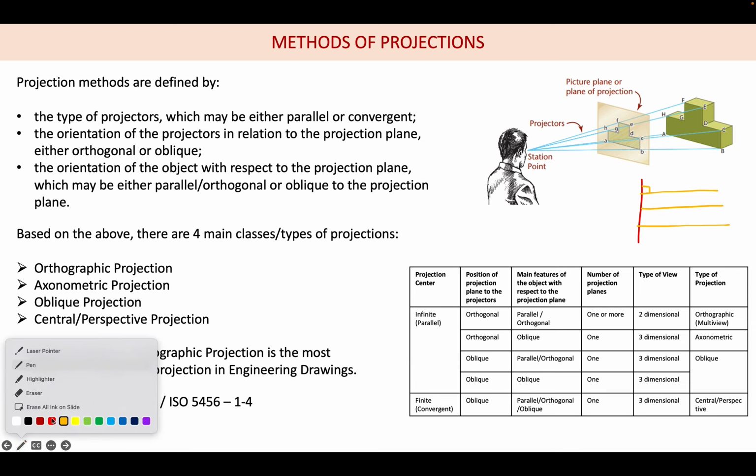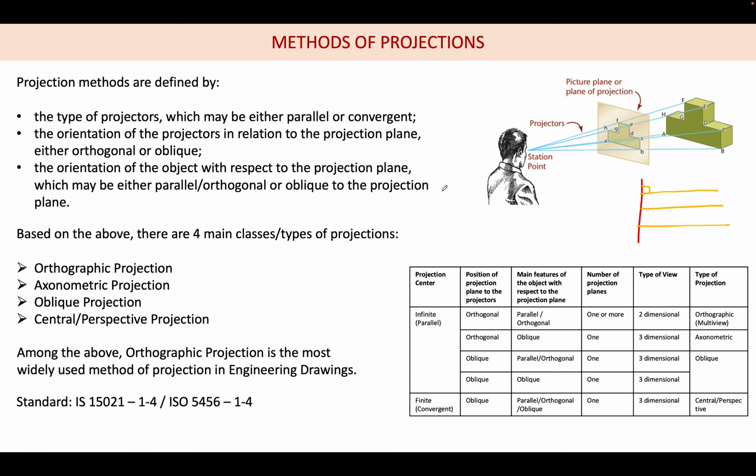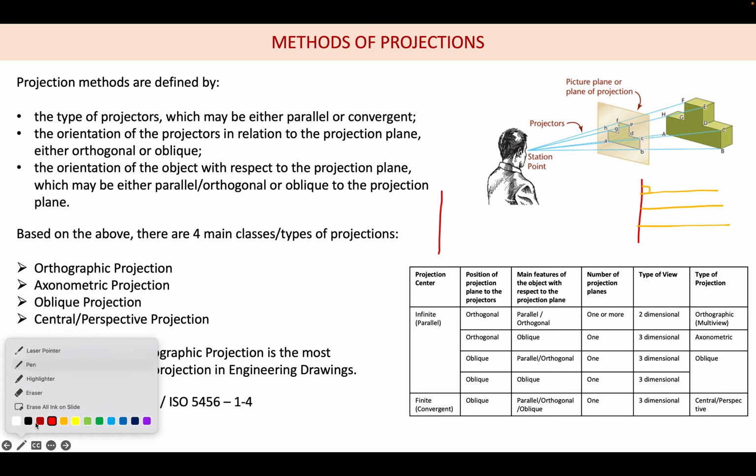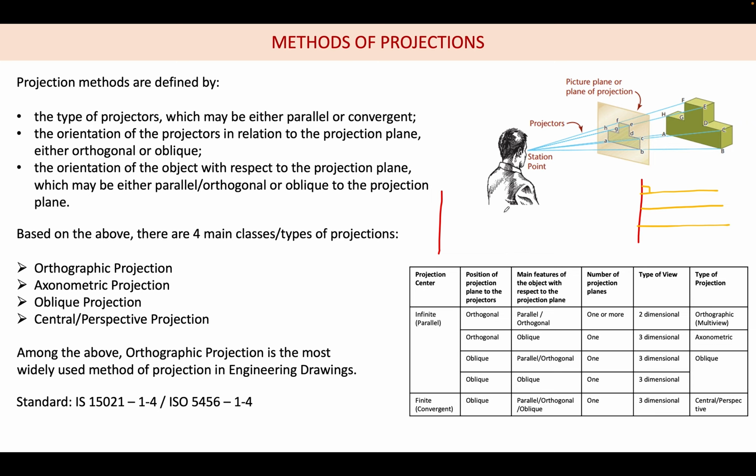Another case is, this is your projection plane, you are looking from the top, and you can see that some angle will be there which is not 90 degrees.